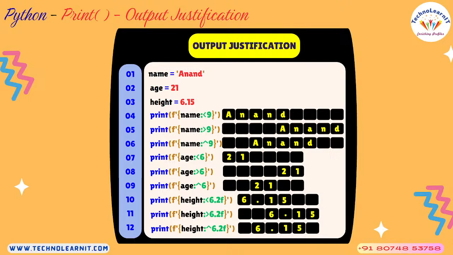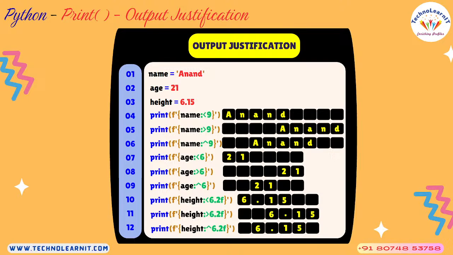Out of all those 6, the first 2 are blank and the last 2 are blank, because 21 has 2 digits, it has to print in the center. So 21 will be printed in the center. When it goes to the height variable, 6.15, because you asked for 6.2 here, it totally reserves 6 spaces and prints 2 decimals after the decimal point is what you are asking.